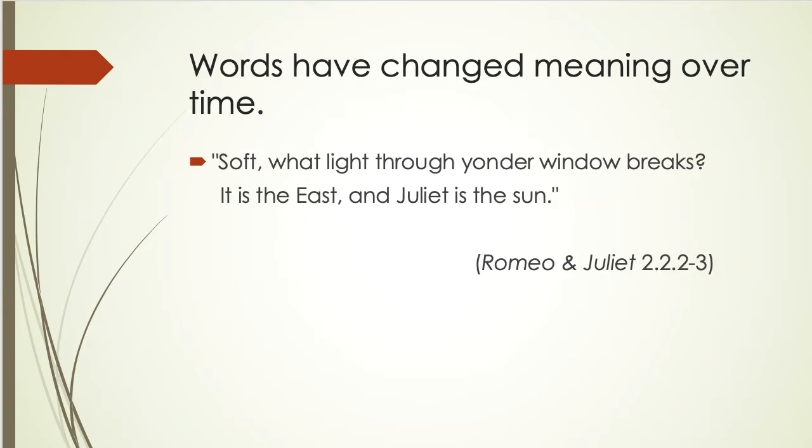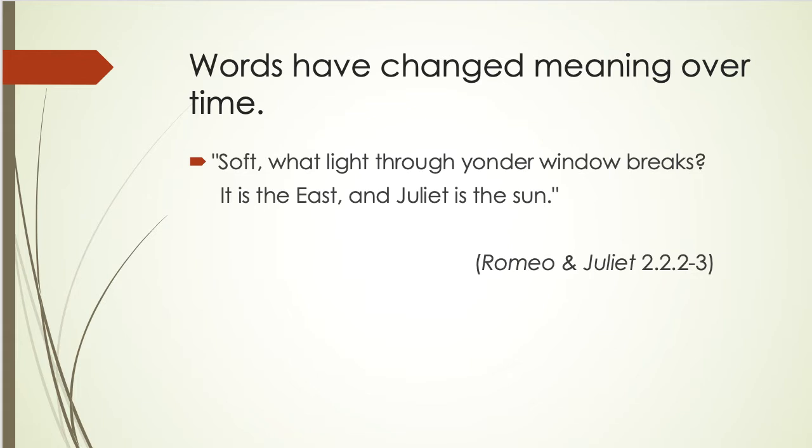Another problem we have when trying to understand Shakespeare is that words have changed meaning over time. I'm sure that you can think of many words that have changed meaning just in your lifetime alone. In Shakespeare's case, we have many, many years to contend with, right? 1590, 1600 until now is quite a bit of time.